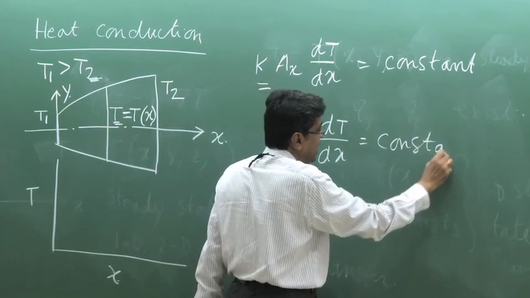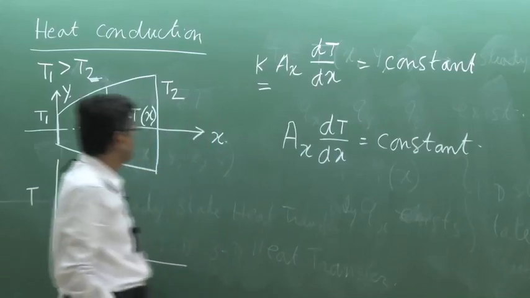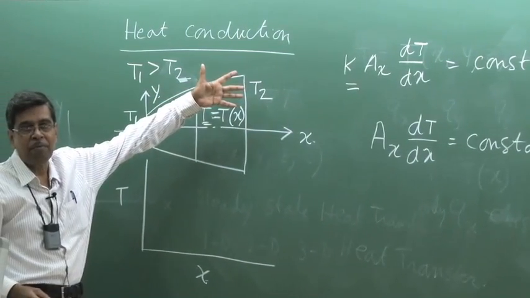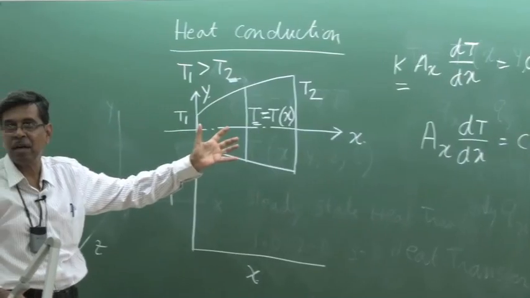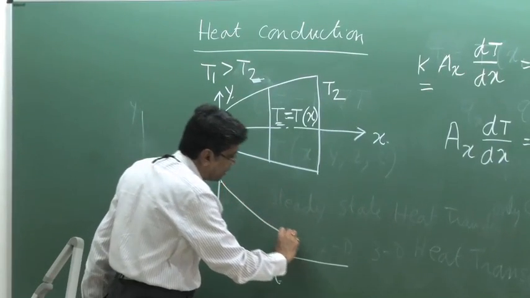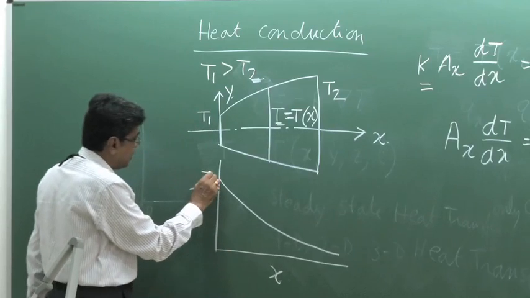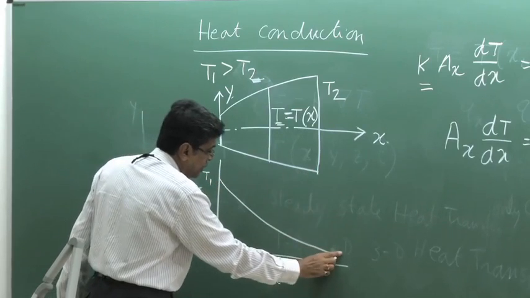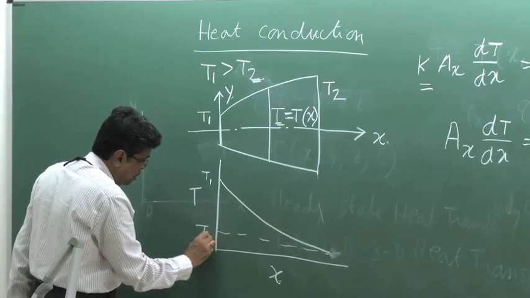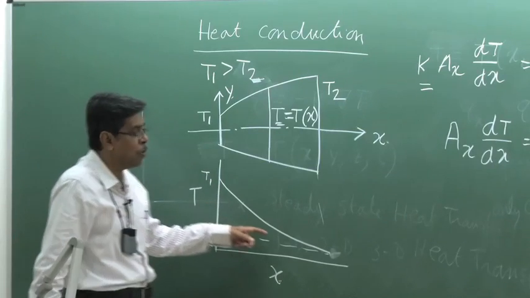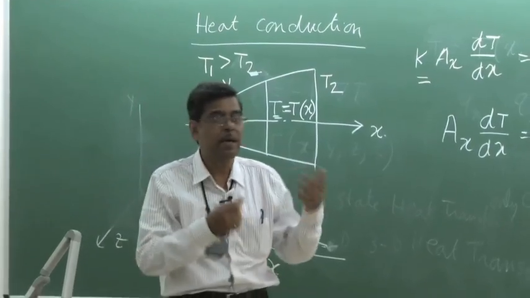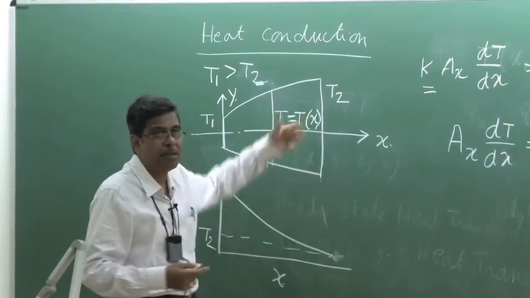That means dT/dx is inversely proportional to A. So for such a diverging medium, a conical bar, the temperature variation will be like this. This is T1, and this will go like this, to T2. That means the slope goes on decreasing. It is just the reverse if this is a converging bar.